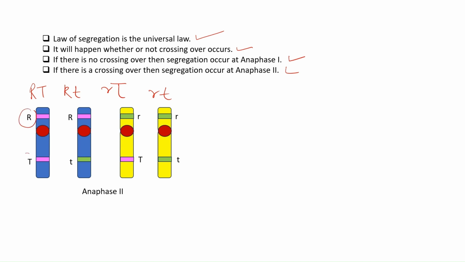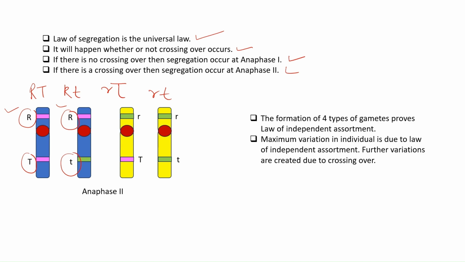R is not linked with T, hence with capital R, small t can also be present. This happened because crossing over happened. Crossing over proves that the genes are not linked together. That means the genes can assort independently. Any gene can be present with any other gene. That is known as the law of independent assortment.